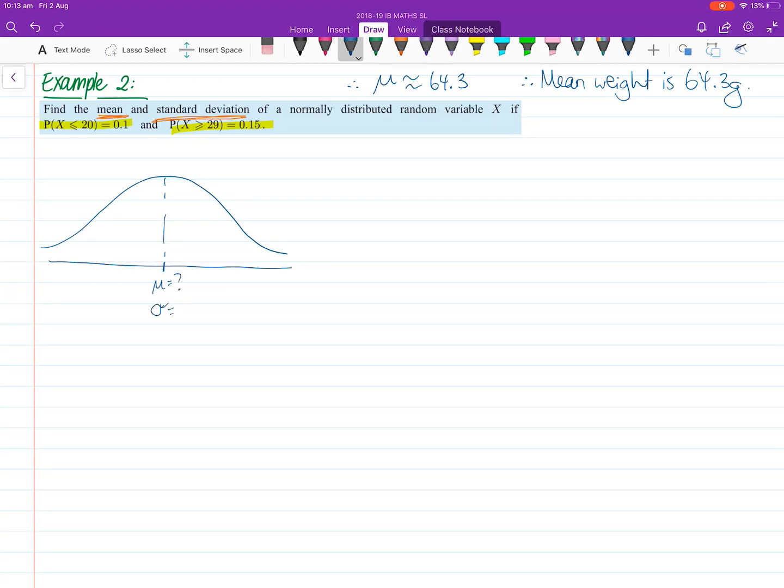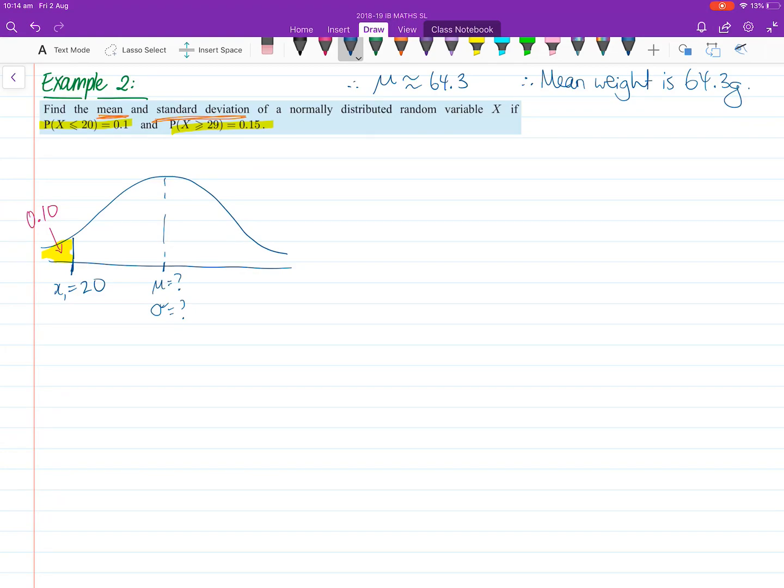I don't know what the standard deviation is, but I know that at 0.1, or like 10%, down here, okay, so that's 0.10, because remember underneath the whole distribution, it should always add up to 1, which is 100%, right? This value here, x1, is equal to 20. Equals 20, okay, along there.